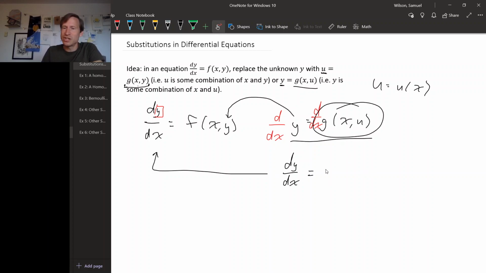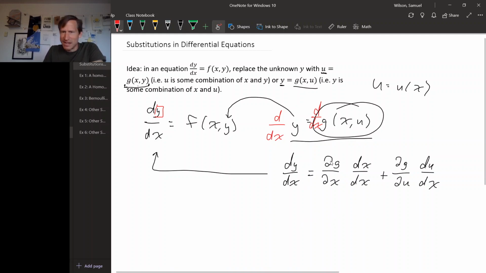So the multivariable chain rule says it's the derivative of g with respect to x, times derivative of x with respect to x, plus derivative of g with respect to u times derivative of u with respect to x.